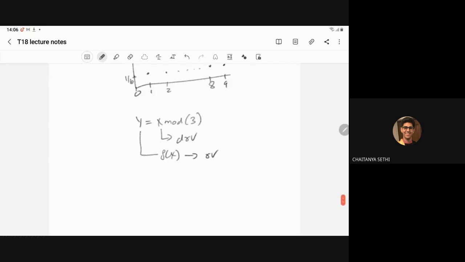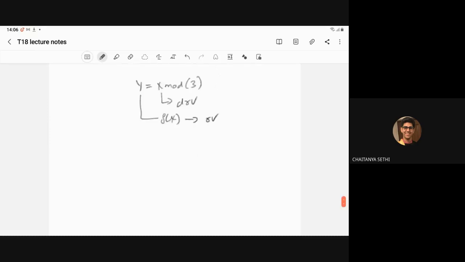So now you have to determine the PMF of y, the probability mass function of y, because a function of a discrete random variable is also a discrete random variable. The f of x is given to you as 1 by 10 for x equal to 0, 1, 2, up to 9.